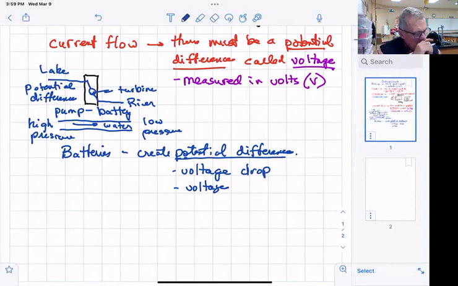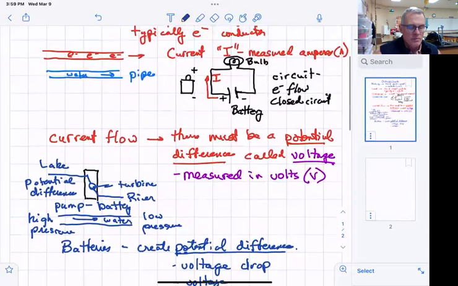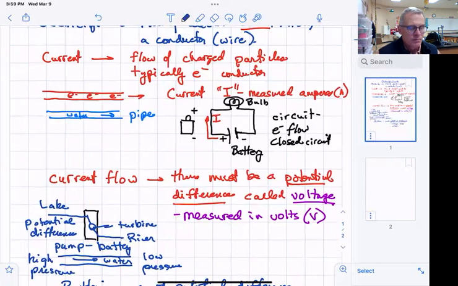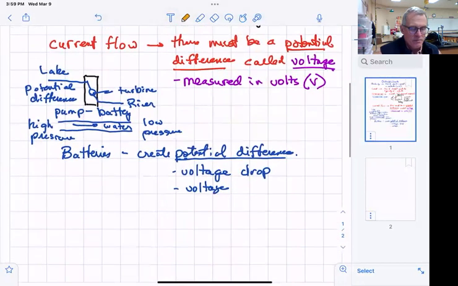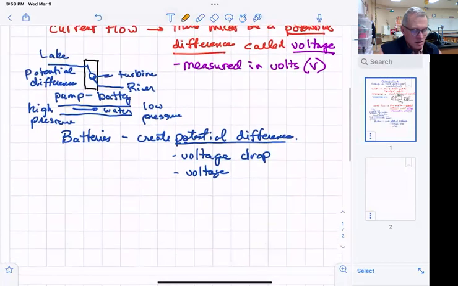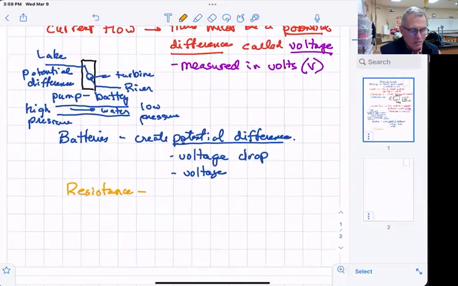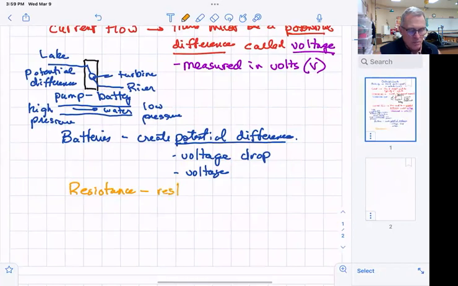One last thing. In the circuit, there's a bulb. Well, that bulb is a resistor, R. Resistors impede the flow of current. So resistance restricts the flow of current.